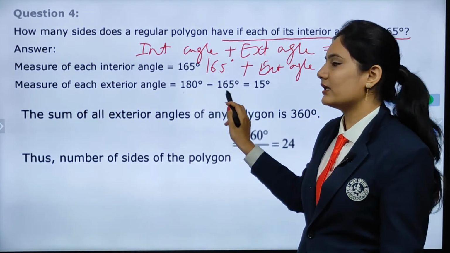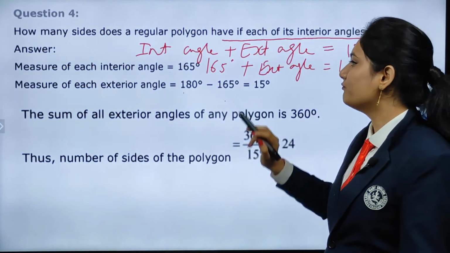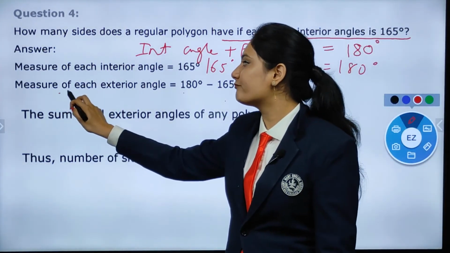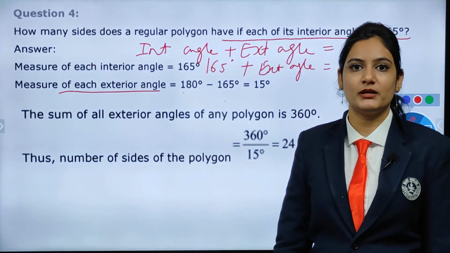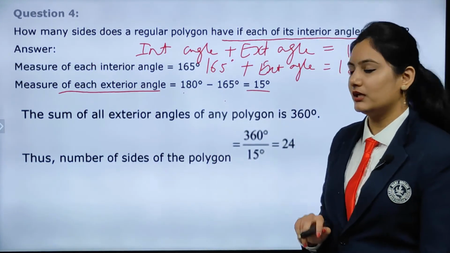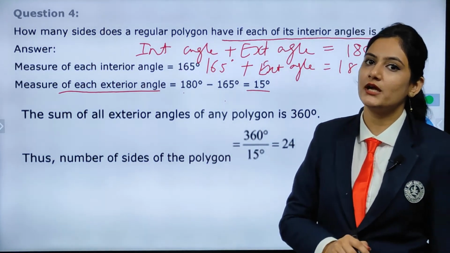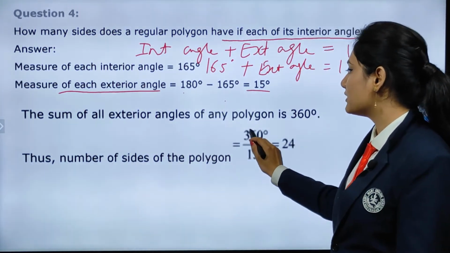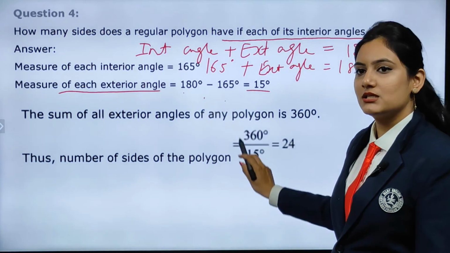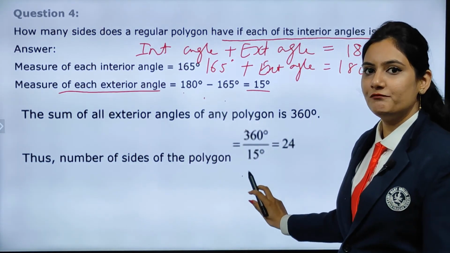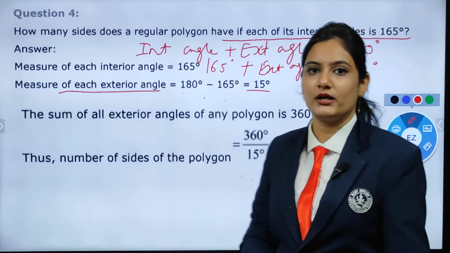So 180 minus 165 is equal to 15 degree. So measure of each exterior angle will be equal to 15 degree. Now when you got the exterior angle, can you find the number of sides? Yes, it will be equal to 360 degree upon each exterior angle, 360 upon 15, which is equal to 24.